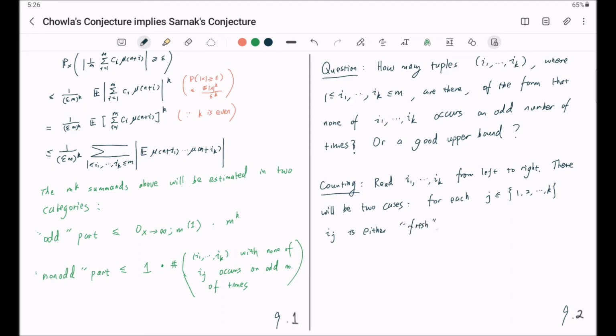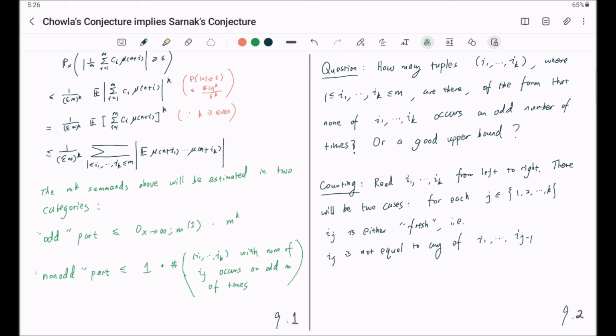What do we mean by fresh? Fresh means Ij is not equal to any of I1 through I j minus 1. So we are reading from left to right, and looking at each Ij, whether it is equal to any of the earlier terms. The fresh case means it is not equal to any of those j minus 1 terms.